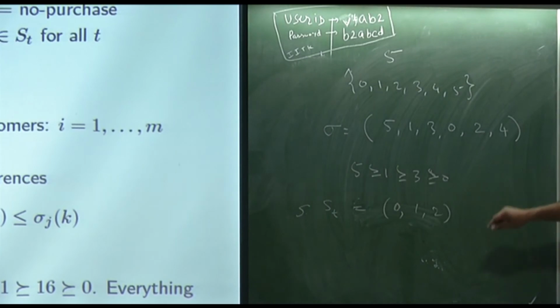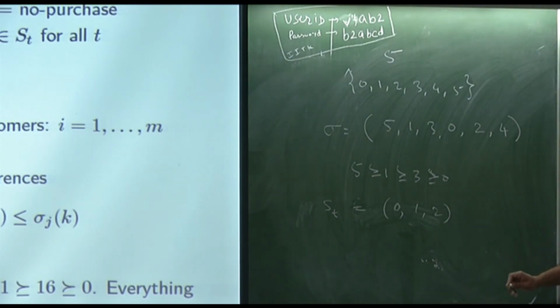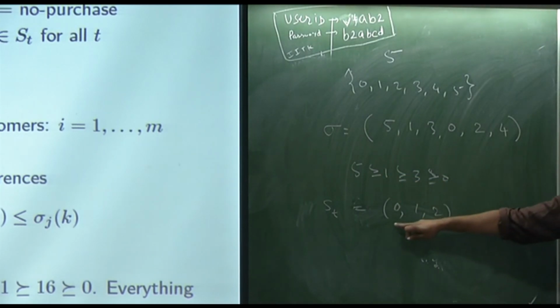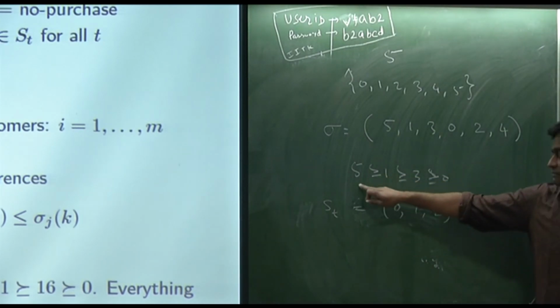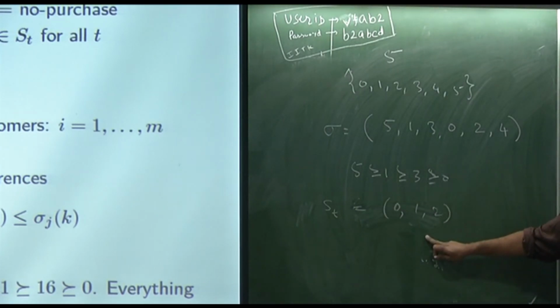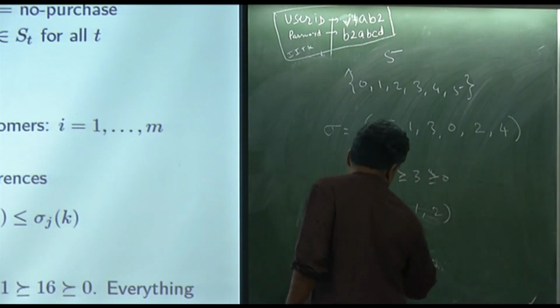If their preference list is this one, which product are they going to pick? 5 is not shown. So I'll go down this list and see which product is here. I'll check 5, not there. 1, yes, I'm done. So if you show them this set of products, this particular customer is going to buy product 1.